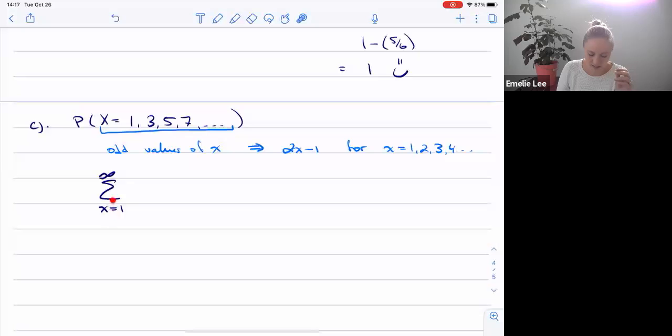We're going to let x run from 0 to infinity. So these are these x's in the summation. Okay, but what we're going to do is we're basically going to let k be 2x minus 1. Let me just bring this over here.